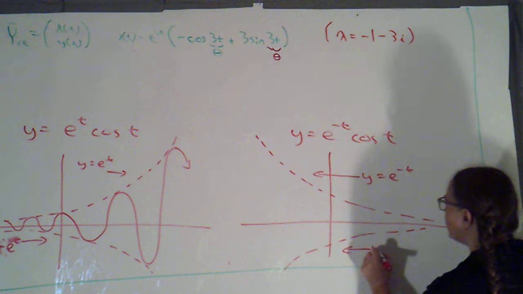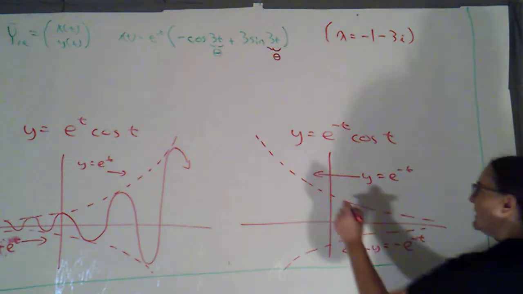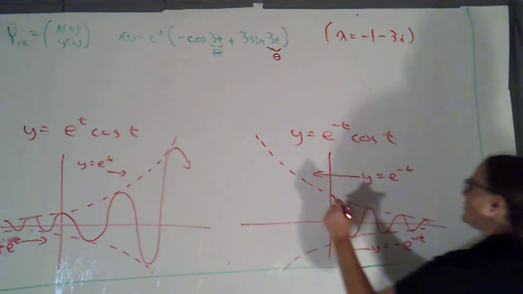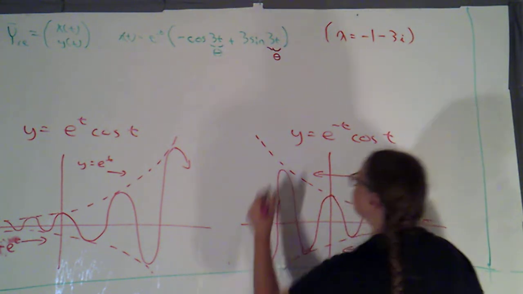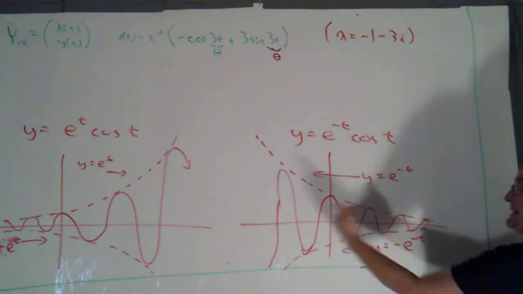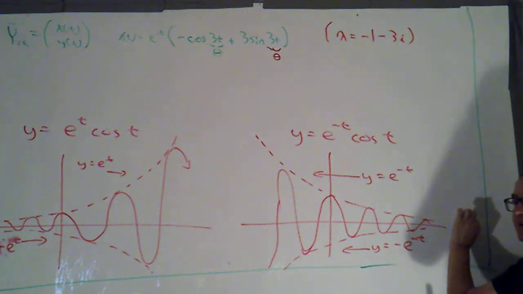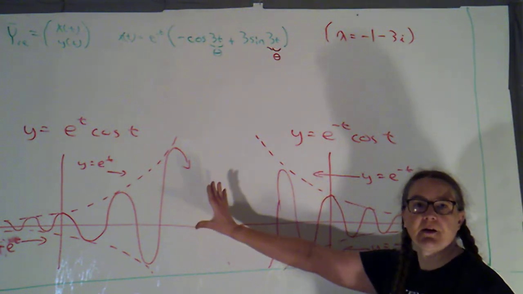Here's its mirror image, y equals negative e to the negative t. And cosine's just going to be oscillating between points on these curves. So as t goes to infinity, the y value here is going to 0, and as t goes to negative infinity, the y value is getting bigger and bigger.